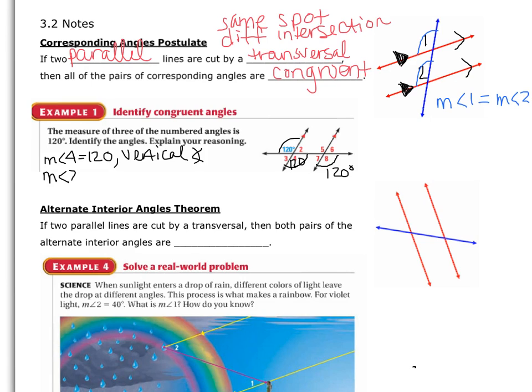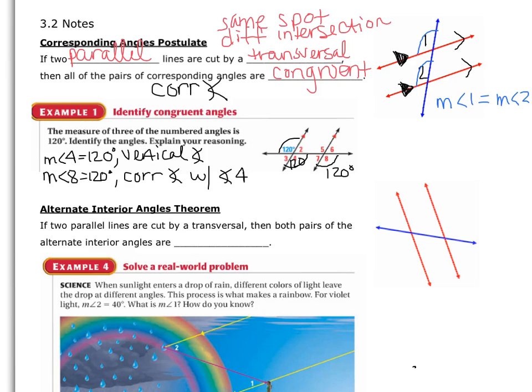So the measure of angle 8 is 120 degrees. And why? Because it is a corresponding angle with angle 4. I'm just going to abbreviate corresponding with C-O-R-R and then angle. So that'll be corresponding angles.